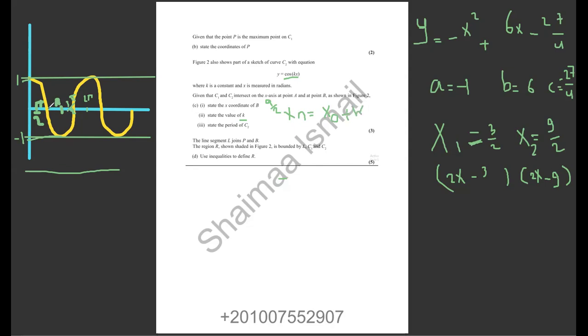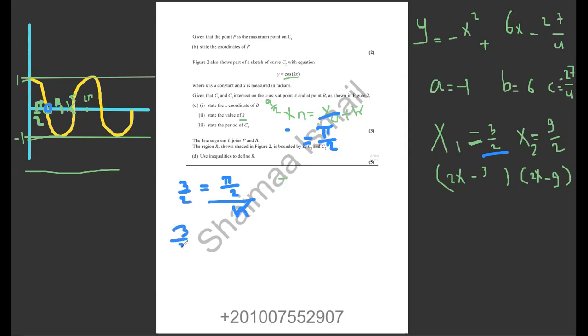So the old x is pi over 2, and the new one we already got, which is 3 over 2. So 3 over 2 is the new x, equal to pi over 2 divided by k.